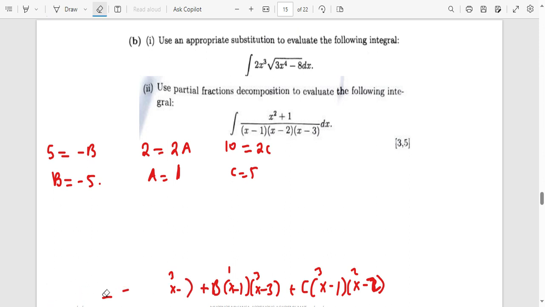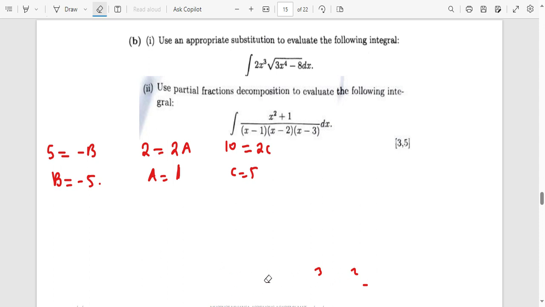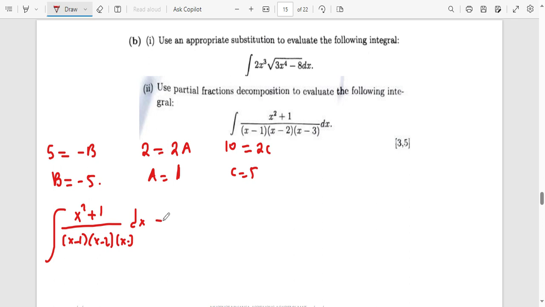So what we have done is, we have already broken this into partial fractions. So in that expression which I had written earlier, that is where you're just supposed to put these values. So then we write the integral of x squared plus 1 divided by x minus 1, x minus 2, x minus 3 dx is actually equal to the integral.